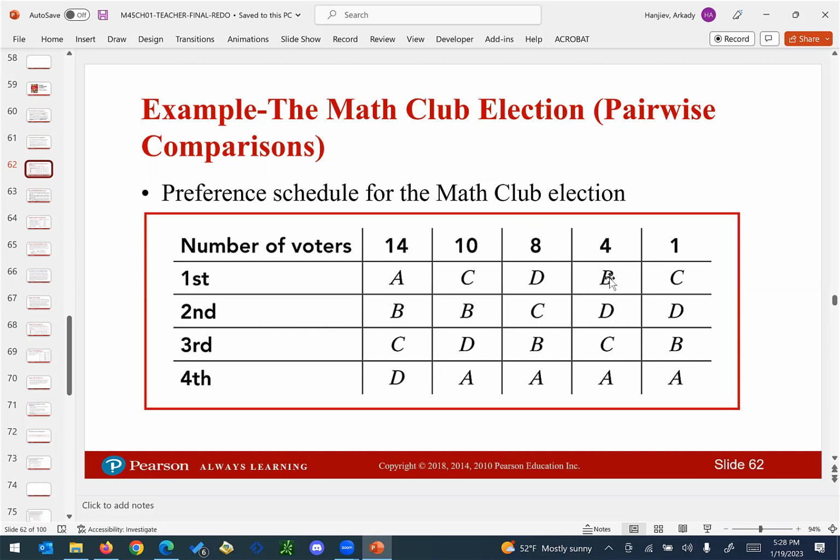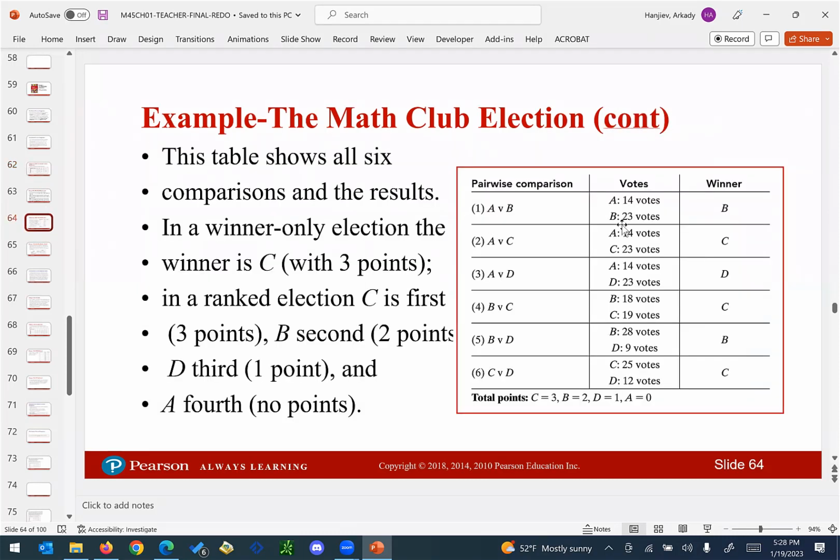And then over here, B is also higher than A. So you just look at the columns and you add up the column totals of the ones where one letter is higher than the other. Really, notice A wins here and B wins all the other columns together. So if you add 10 plus 8, 18, 22, 23. That's where that little 23 came from.